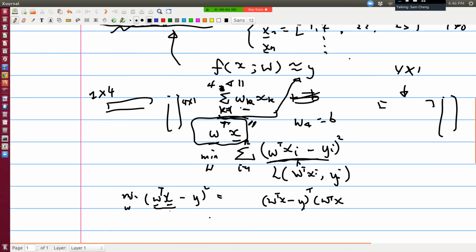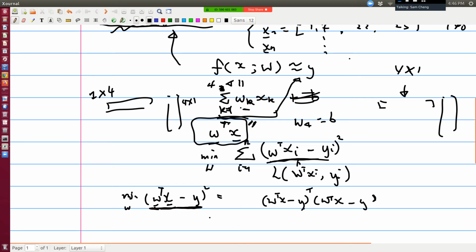Let's just consider one data point first. If I just have one data point here, we're trying to find W such that we minimize these terms, right? Let me write this as two scalar numbers multiplied with each other.